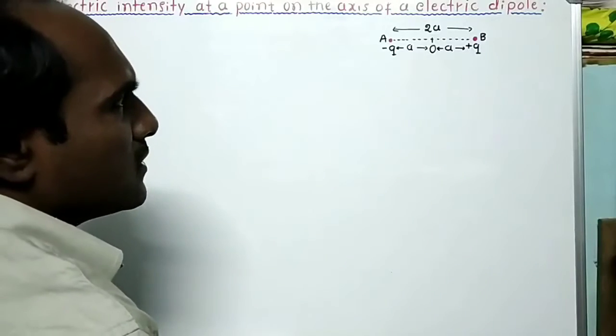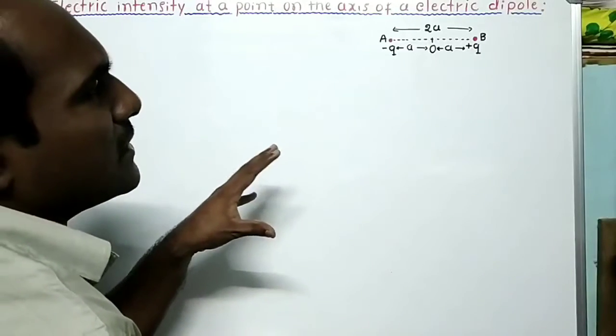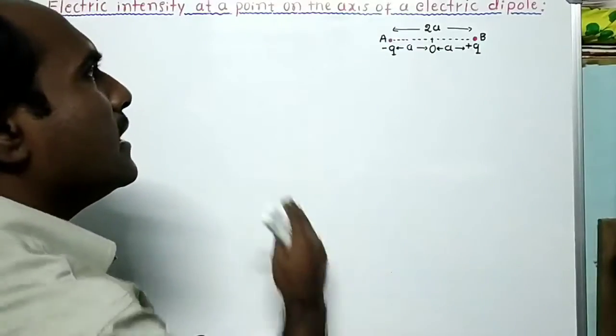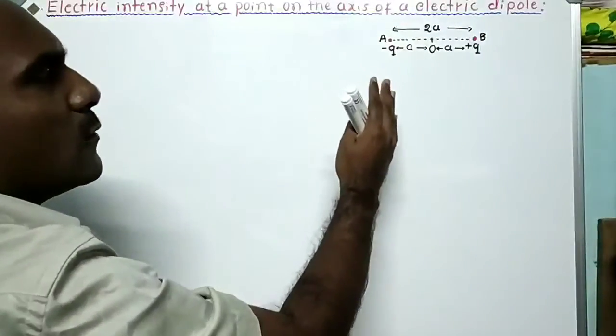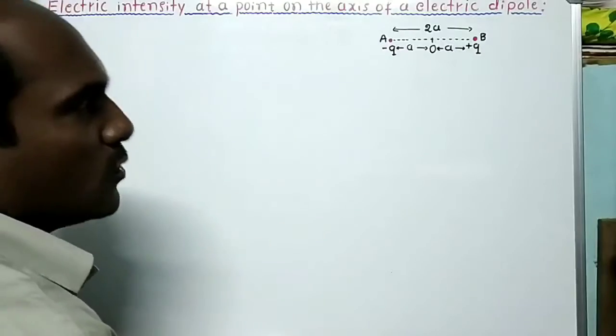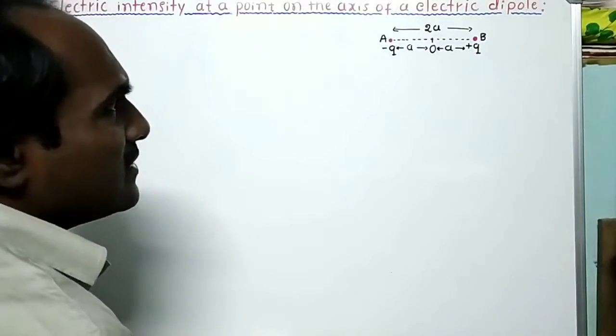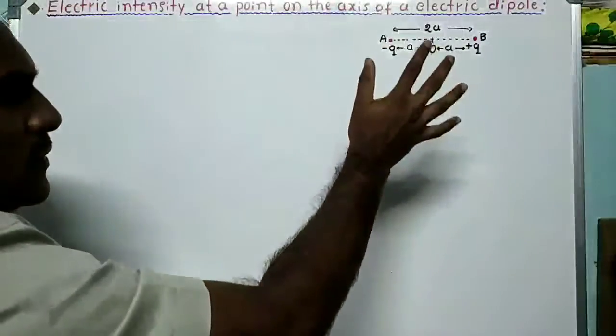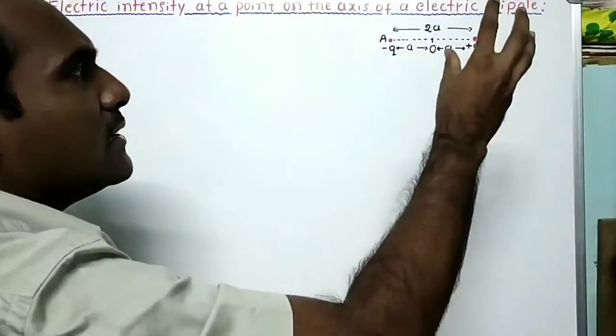In this way, the electric dipole has an electric field around it. That you should know.